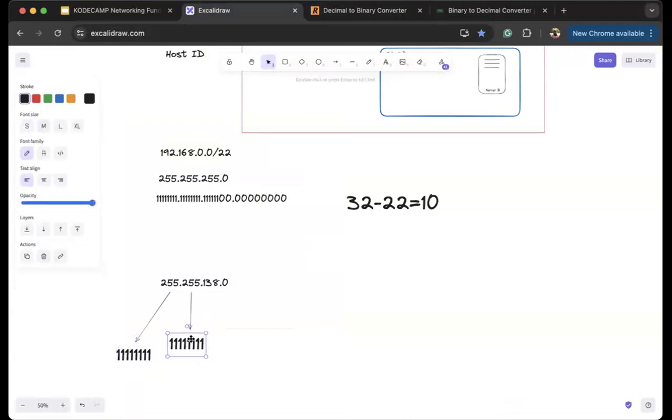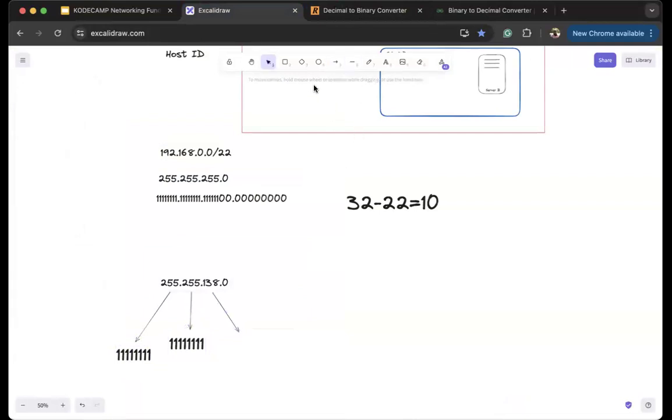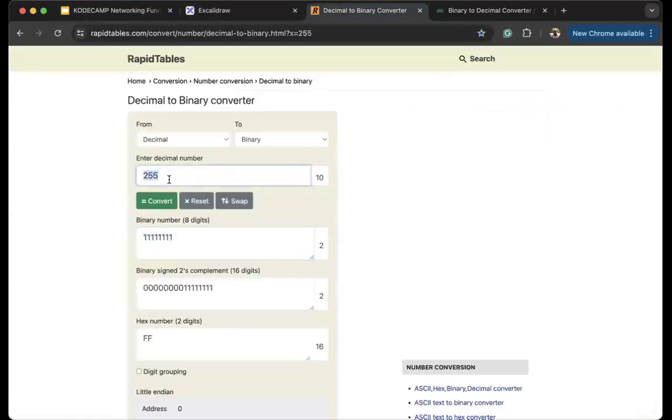We have 138. Okay. 138. Let's see what we get. Converting 138. Okay, let's get this number.